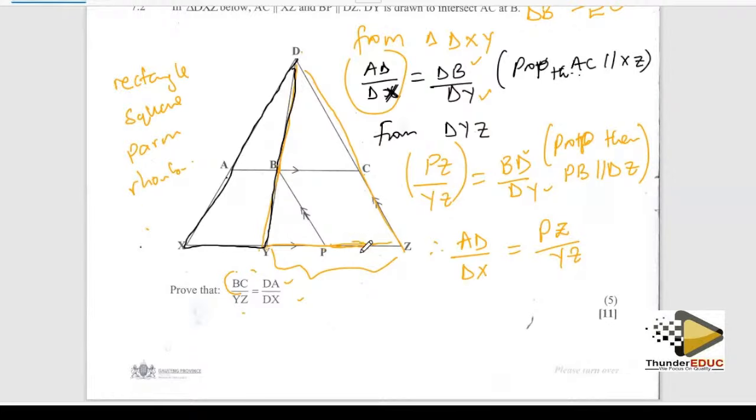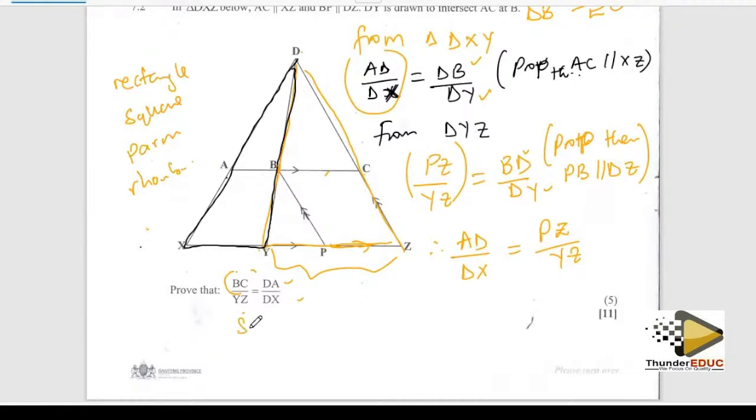So if this is parallel to that one, this is parallel to that one. In other words, you have two pairs of parallel sides. In most cases, the opposite sides will be equal. So we can call this a parallelogram, or a rhombus, or a rectangle, because the opposite sides are equal.